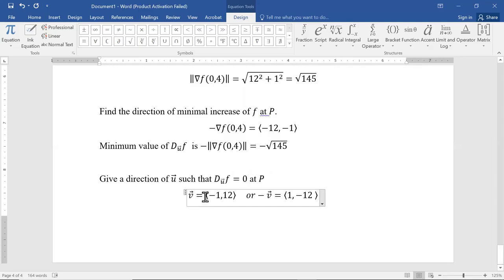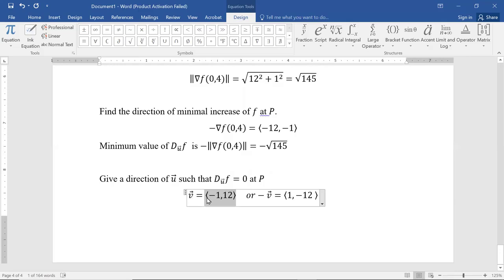Now again, these are not unit vectors. If I want to make these unit vectors, I just multiply by 1 over the magnitude. It doesn't specify that this vector has to be a unit vector though, but a lot of times we make it a unit vector.